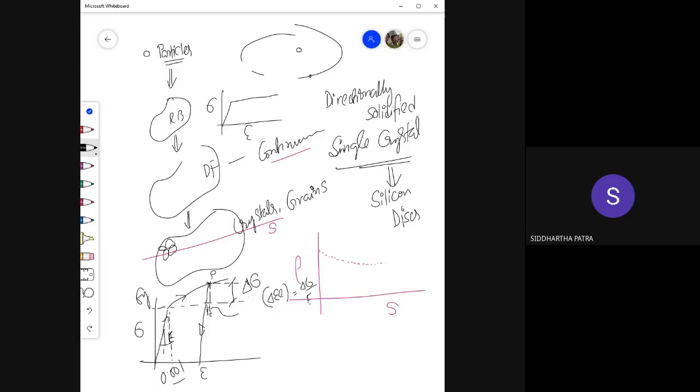So this is the slope E over 1. So this much is the strain caused by a sigma rise in stress. That is the elastic strain.